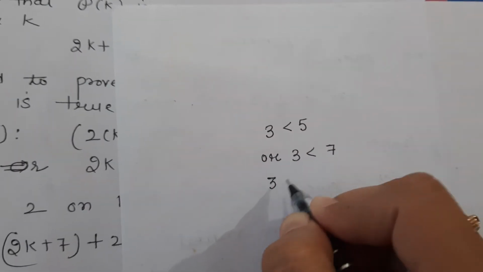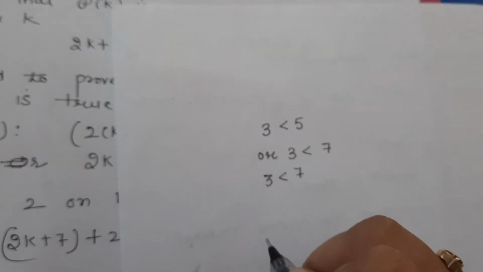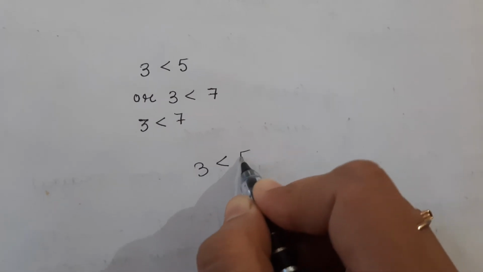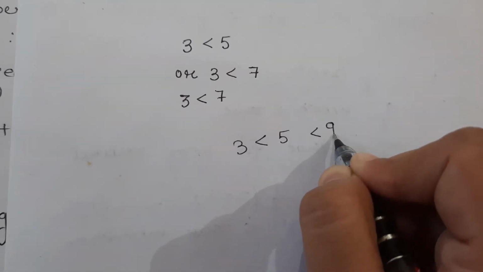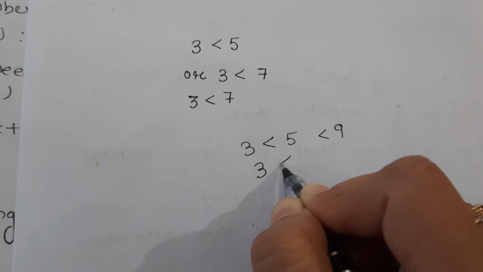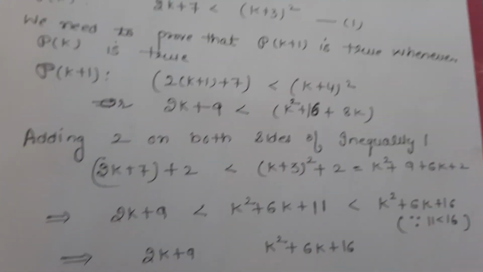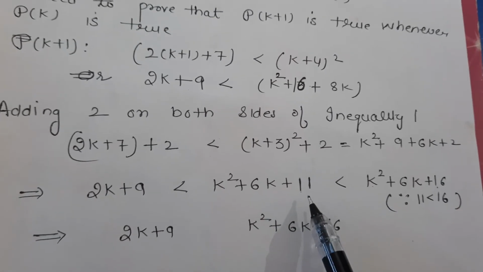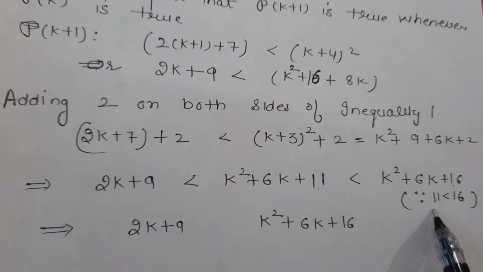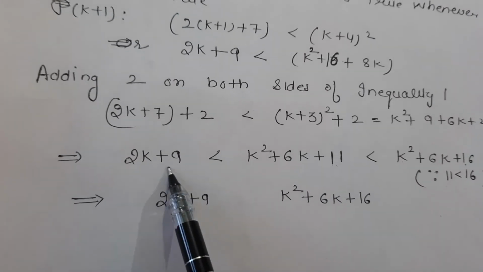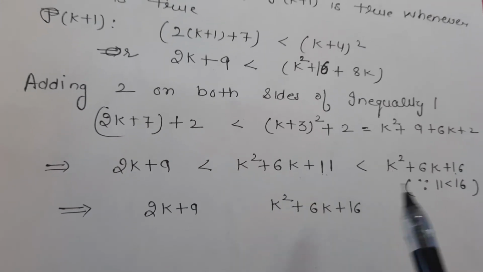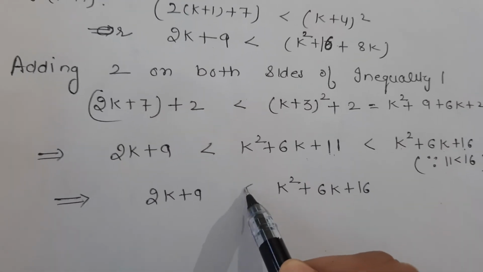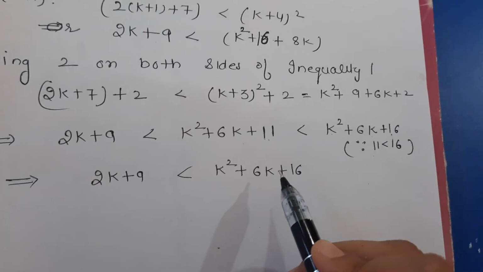That means you can write 3 < 7, which is also true. Or you can write 3 < 5, which is also less than 9. So if you combine this, you will have 3 < 9. In the same way, we just introduce 16 here because we know that 11 < 16 is true. So you will have 2k + 9 less than this, and this term is less than this. So overall you are going to have 2k + 9 < k² + 6k + 16.